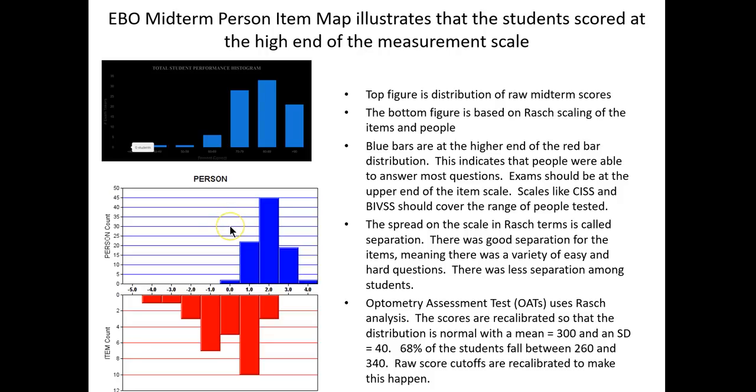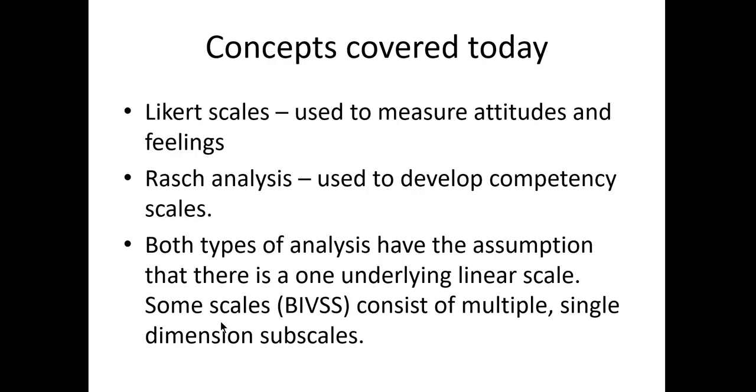Now, this is a midterm, and we hope that people have learned something. And we don't really want people randomly distributed across the whole thing, because that means they didn't really learn anything. So this is kind of a good thing where people are piled up at the end, but there are still questions that are harder than others. That's what a Rasch analysis distribution of persons versus items looks like.